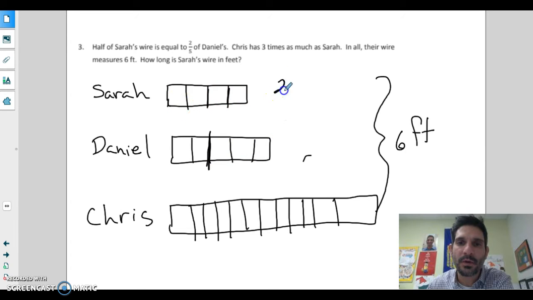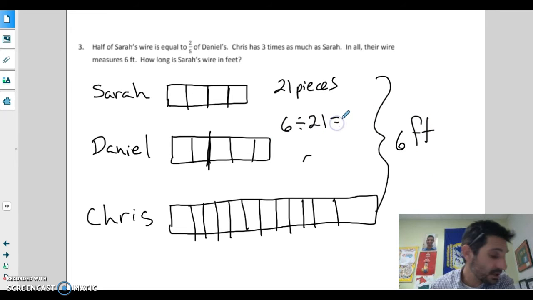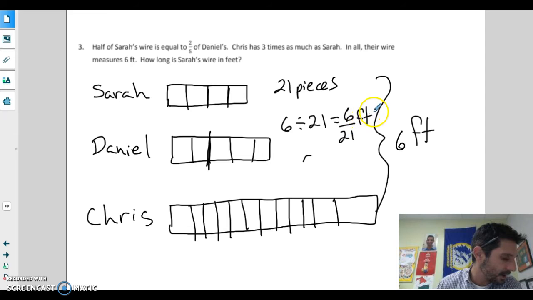I have 21 total pieces. Okay, so I need to divide that by 6, because it's 6 divided by 21, which is really equal to 6 over 21 feet.